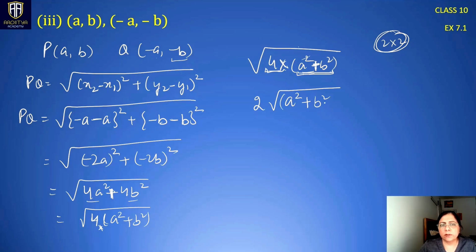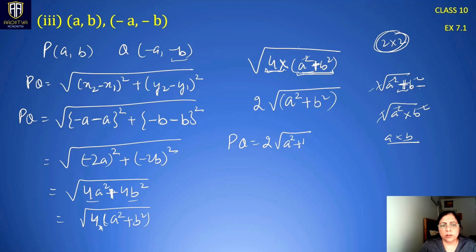So now we are left with a square plus b square inside the root. Please mind it, you cannot reduce these squares with this square root because they have a plus sign in this expression. Had it been a square multiplied by b square, you would have written a multiplied by b. But we cannot perform this operation in addition and subtraction. So distance here PQ is 2 square root of (a square plus b square) units.